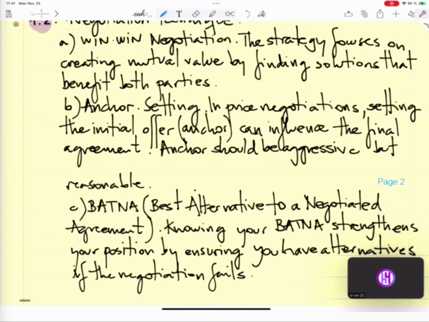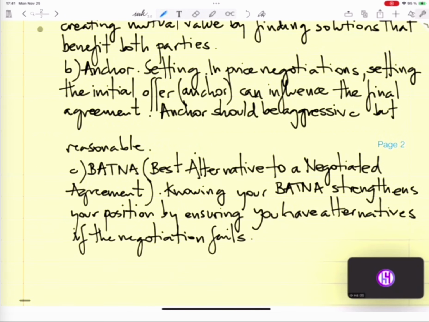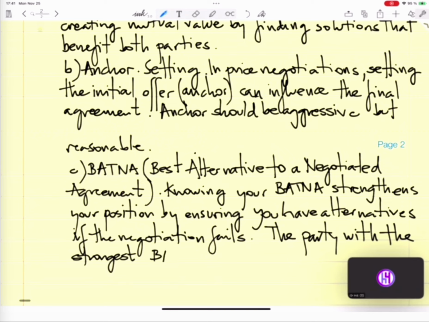The party with the strongest BATNA wins the negotiation.